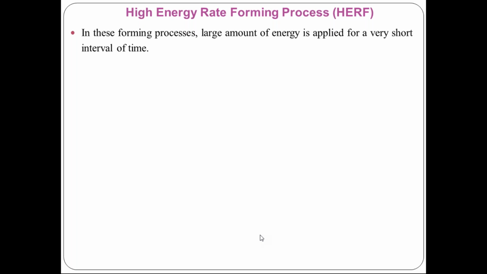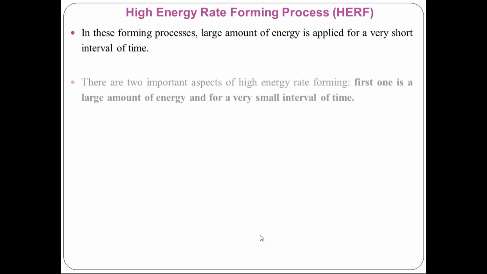That means you are applying the maximum energy in a very short time, so that the energy rate increases. While in roll forming, you give constant loading with the help of a crafted set of rolls, so that you will get the finished product.